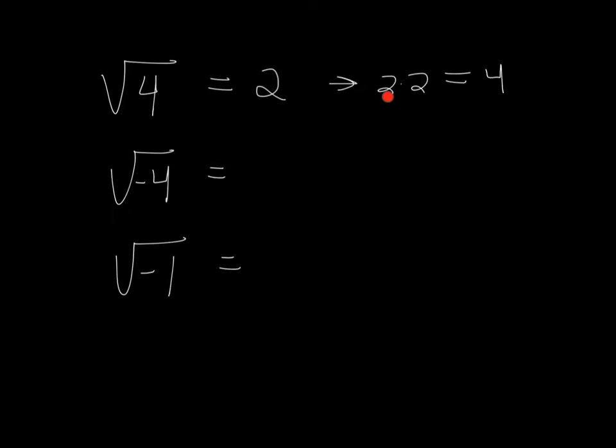It can't be one positive and one negative. Positive times positive is positive, and negative times negative would still be positive, but we're trying to get a negative. So up until today, we would just say that doesn't work, or no solution.